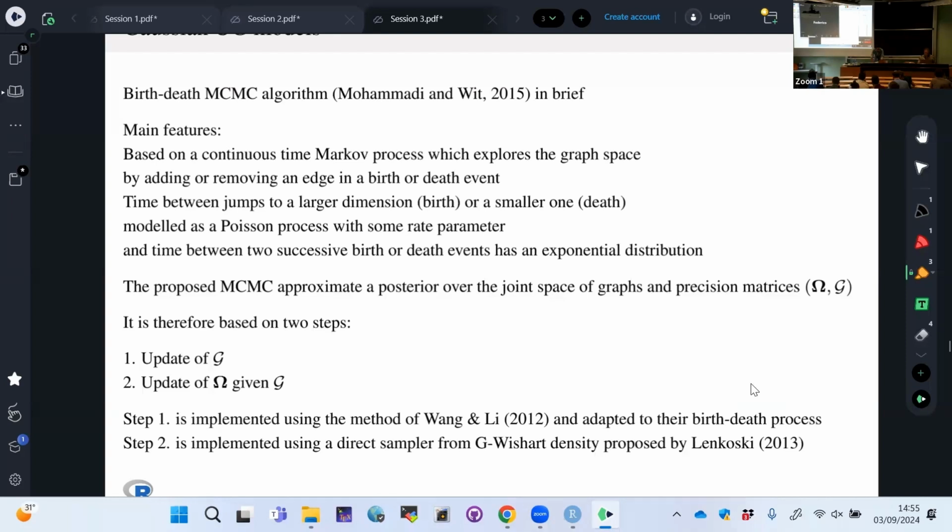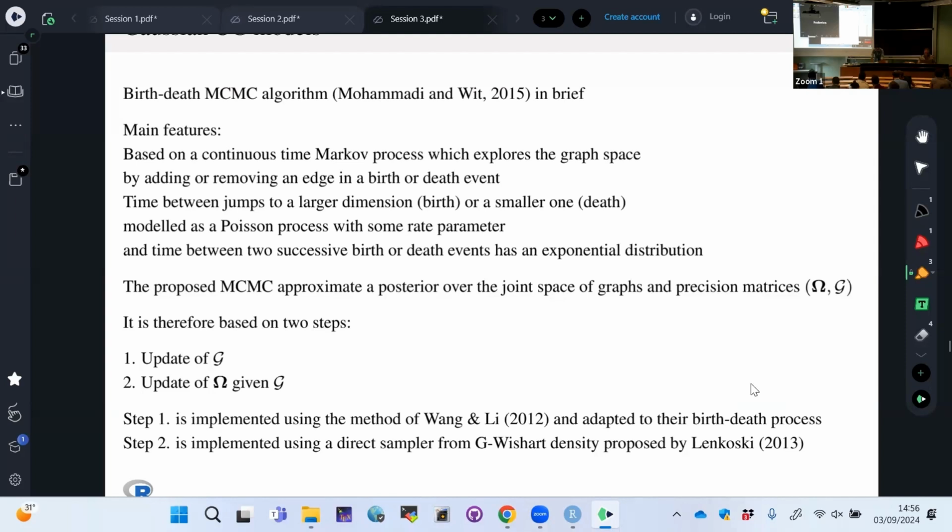Then the idea that they implement is that the times between the birth and death events are modeled through a Poisson process with some rate parameter, and they show that the time between two consecutive birth and death events has an exponential distribution.